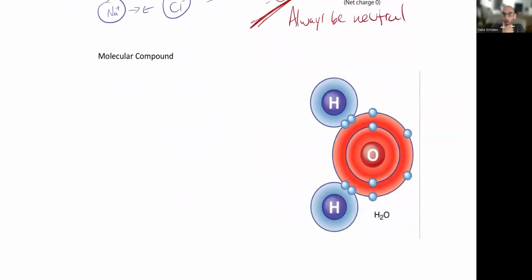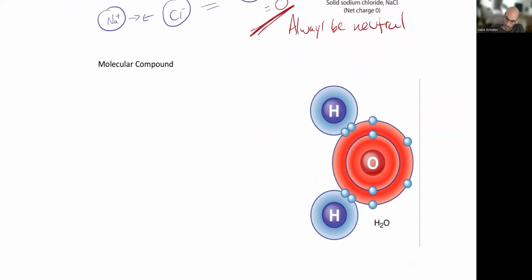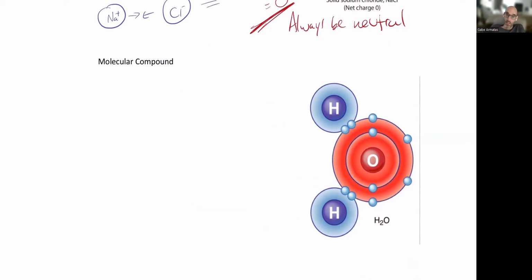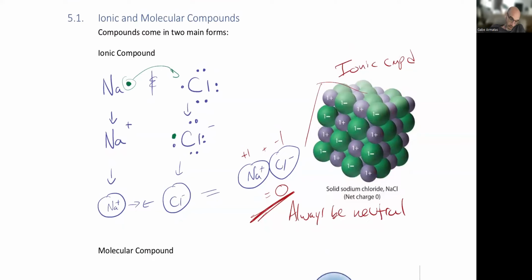We are going to talk about molecular compounds next chapter, but I do want to point out that here we have a molecule forming. So up here, ionic compounds, the really important takeaways: in ionic, you're going to see the transfer of electrons, because metals want to give up their electrons and nonmetals want to gain electrons.